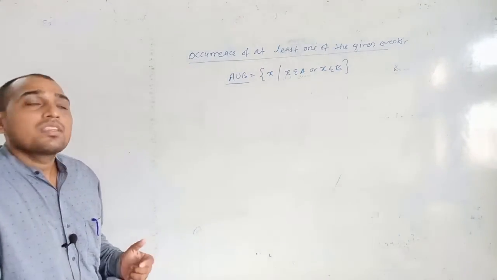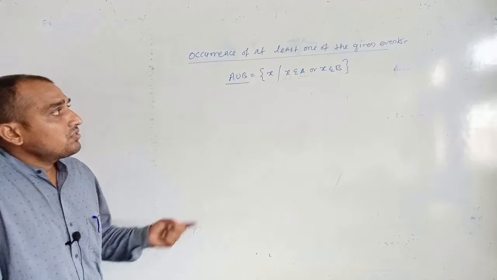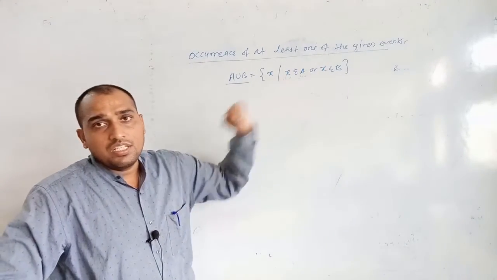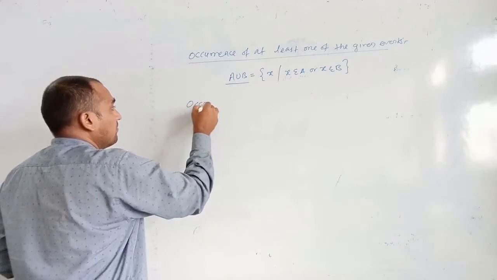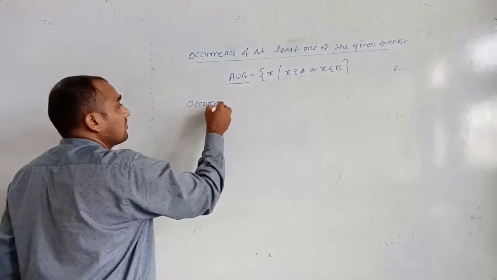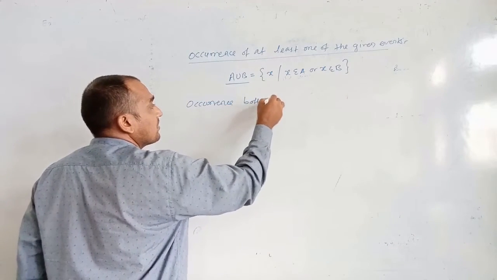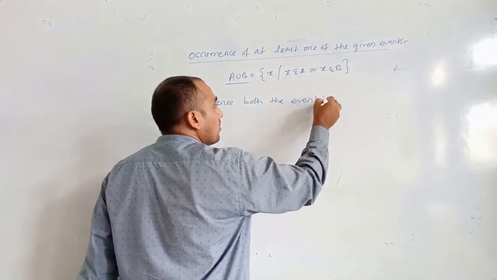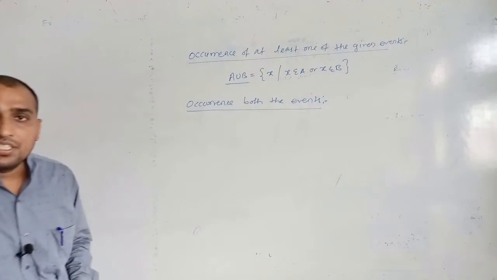If three are there, A union B union C, that is, x belongs to A or x belongs to B or x belongs to C. Then occurrence of both the events, or if more are there, occurrence of all the events simultaneously.